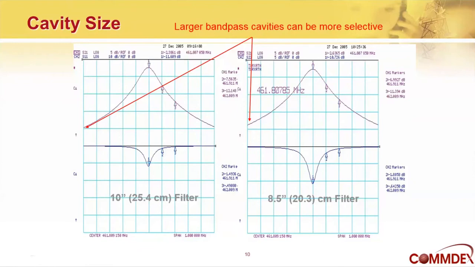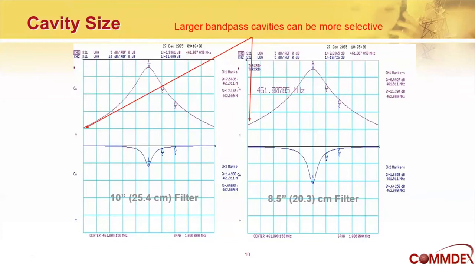And if you look at the left, we're down a certain amount there. If you look at the response curve on the right with an 8.5 inch or smaller cavity, we don't get as good an attenuation or sharper curve as we do on the larger filter.